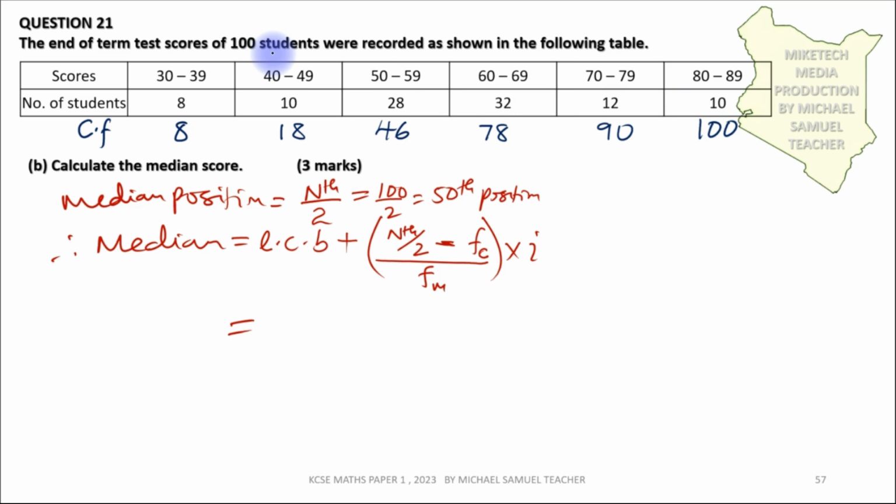Then lower class boundary, so we need to identify the median position. The position whereby we have 50: 46, 50 is not included, so where we have 78, this is the median class.